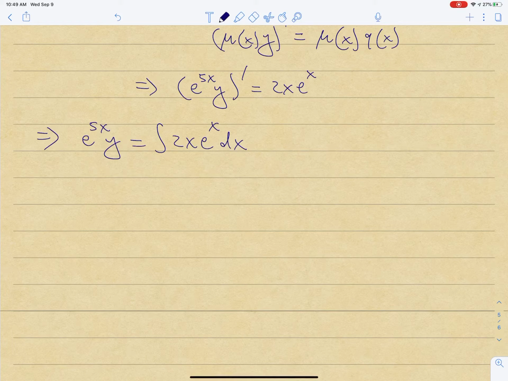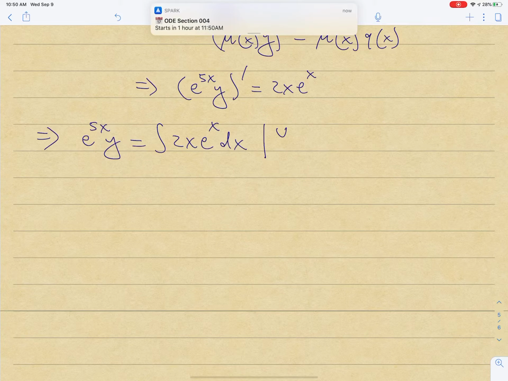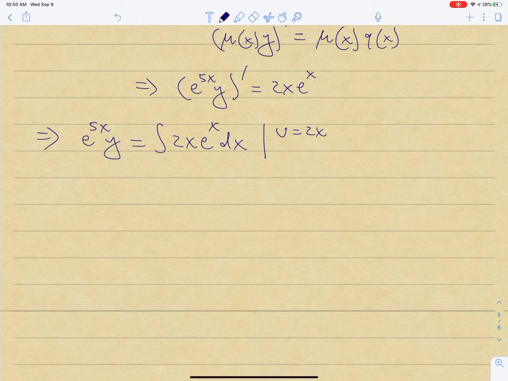Now, assuming that you reviewed integration techniques, you recognize that this integral has to be taken by using integration by parts. So we make u equal to 2x, that's the factor that we want to remove in this case by taking a derivative.